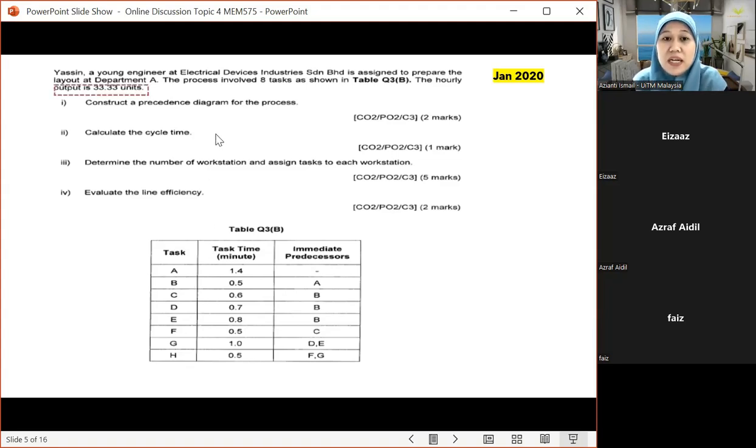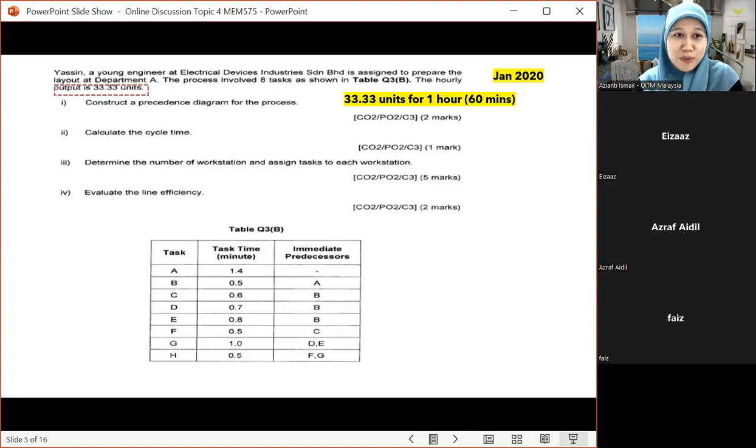So information diberi adalah hourly output 33.33 unit. Apa maksud dia? Output. Okay, maksud dia dalam 1 jam, kita tengok terus dia 60 minit terus kita nak convert 60 minit. Dalam 60 minit, dia buat 33.33. Jangan tanya kenapa ada 3.33 kat belakang tu. Itu information dia bagi.